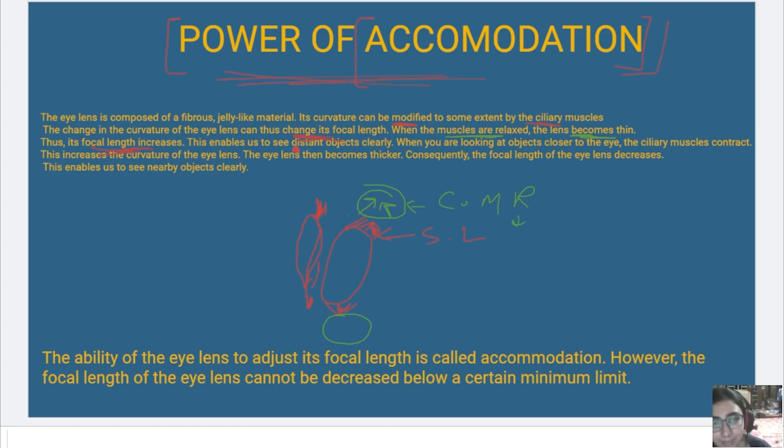This is enabling us to see distant objects. So relaxing of the ciliary muscle will lead to contraction of the suspensory ligaments, as a result of which the lens will become thin. Focal length will increase, for which we will be able to see distant objects.